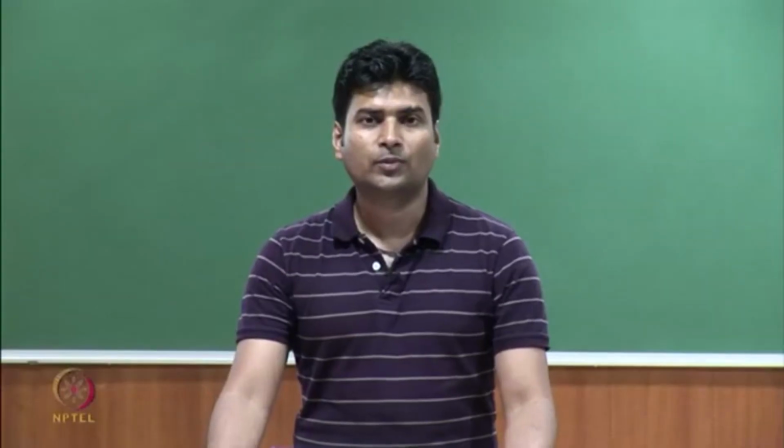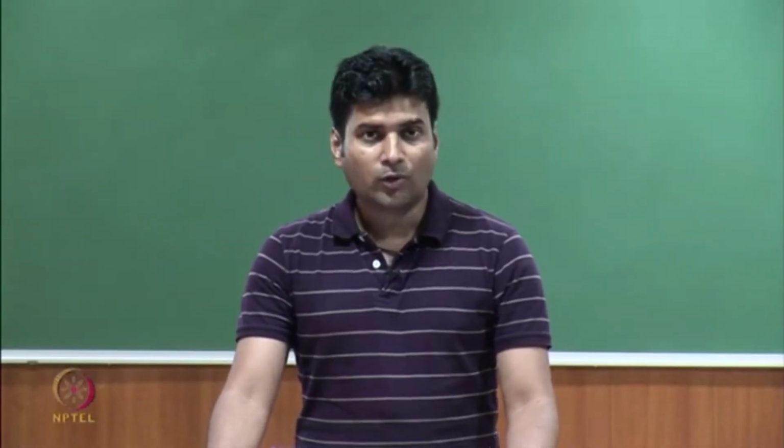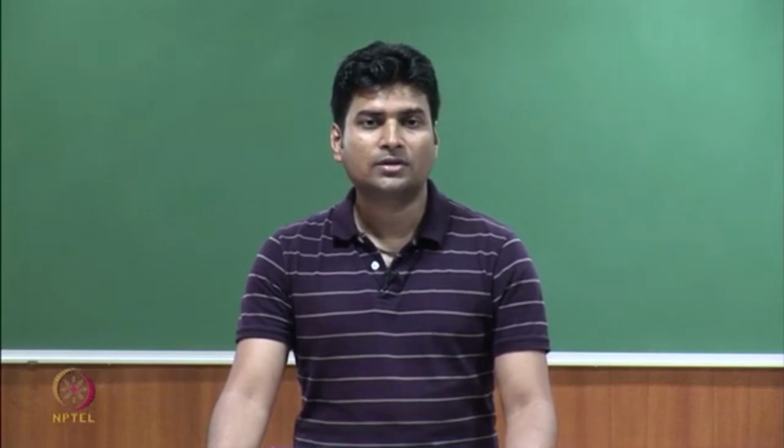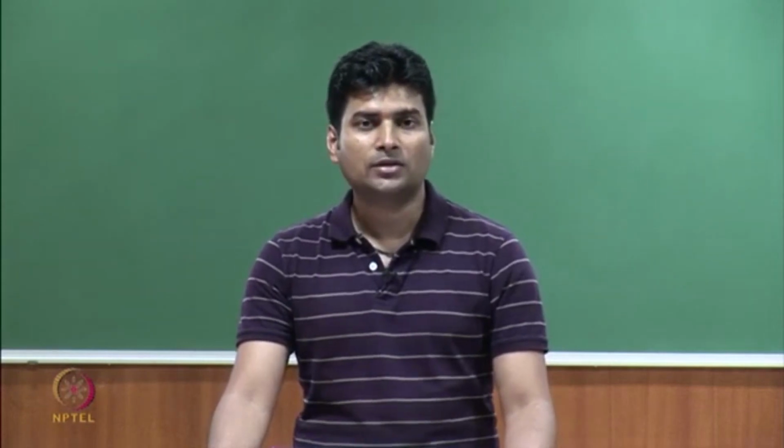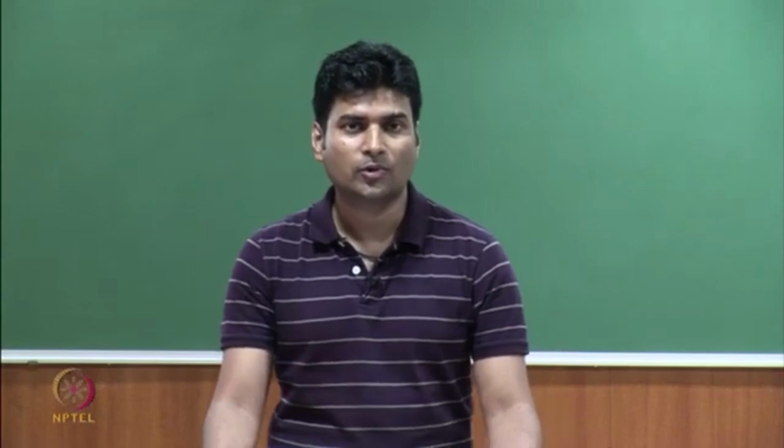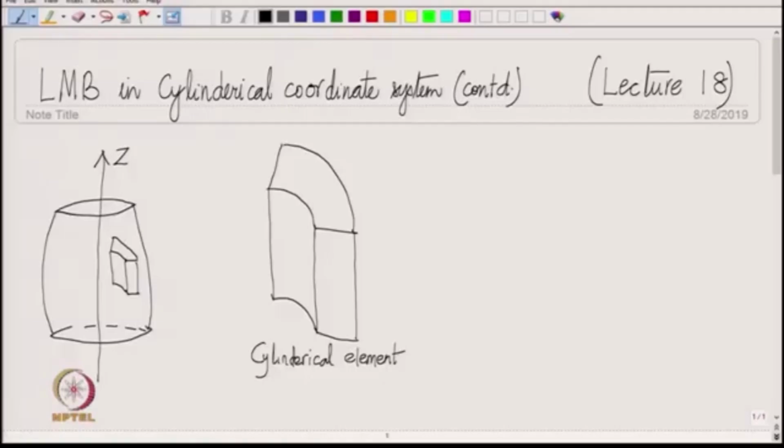Hello everyone, welcome to lecture 18, and we are going to continue with our derivation for linear momentum balance in cylindrical coordinate system. Okay. So, recall from the last class we have this generalized cylinder here, and then we thought of a cylindrical element which we then zoom here.